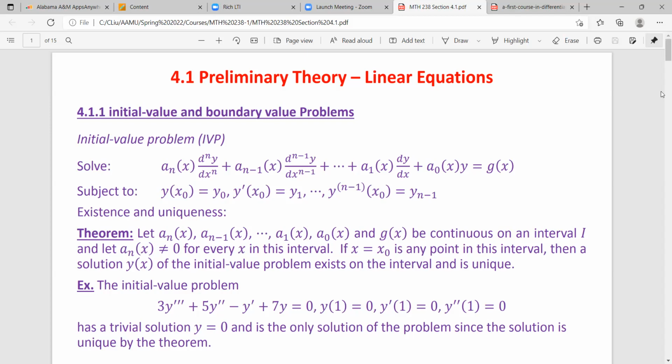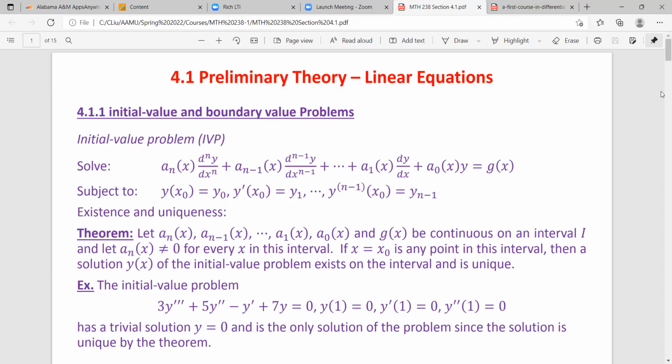Then you just pick any point x0. If x equal to x0 is any point in this interval, then the solution y of the initial value problem exists on the interval and is unique. That essentially means you give any initial condition for any point inside the region you consider, and the problem always has a solution.